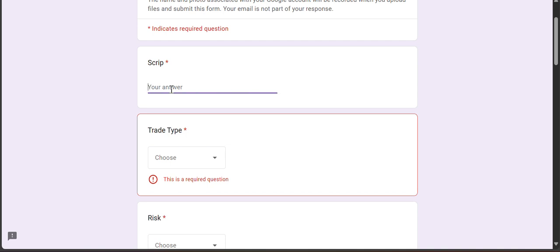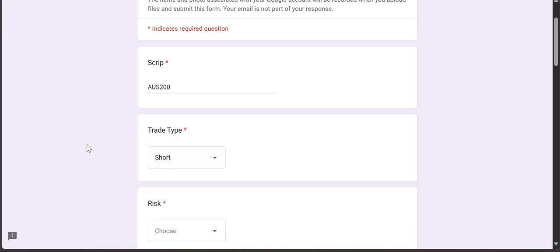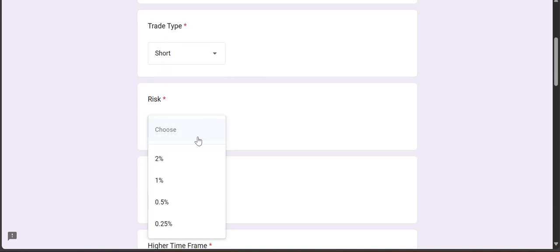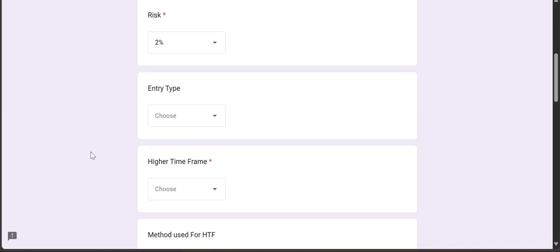As we can see, the script is AUS 200. Our trade type, we went short. What was our risk? Our risk was 2%. Entry type, what we used, direct entry. No, it was a confirmation entry. Why am I saying it is a confirmation entry?